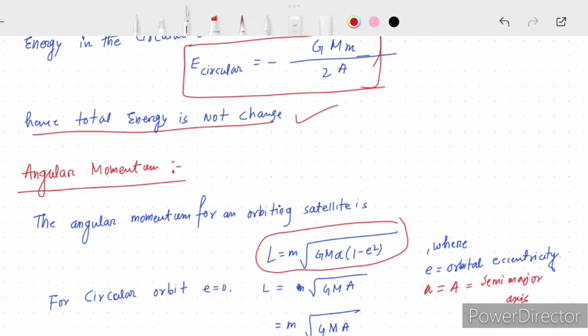When the orbit is converted to a circular orbit, e will be 0, and we get the angular momentum m root under G capital M capital A.